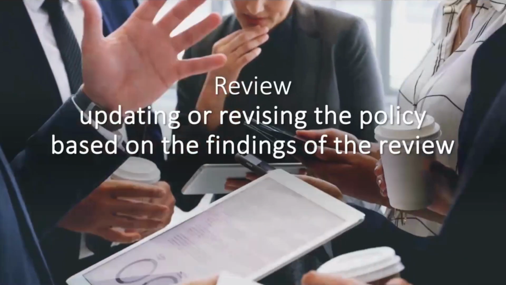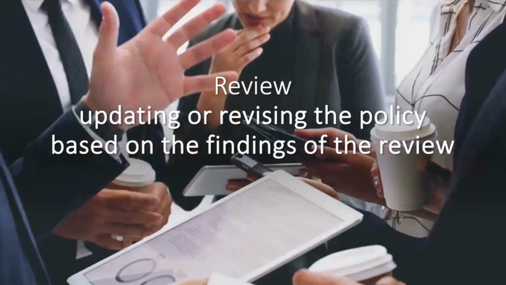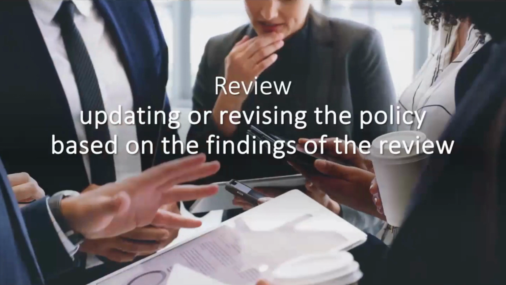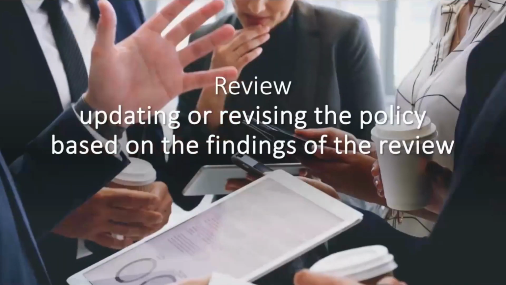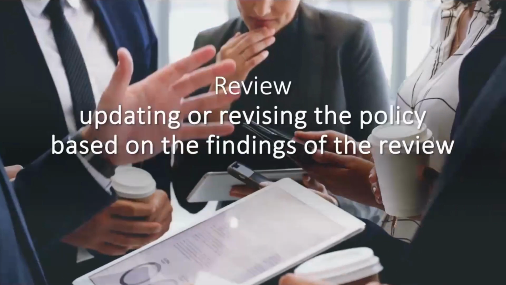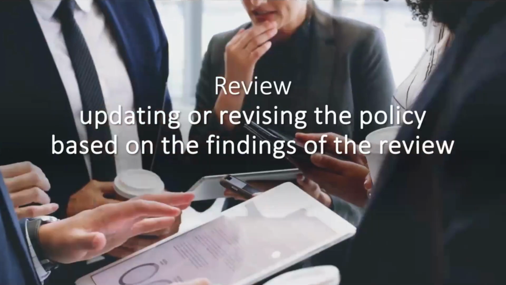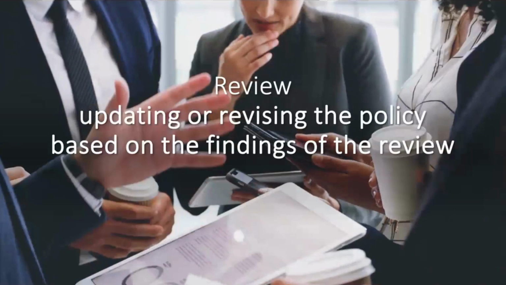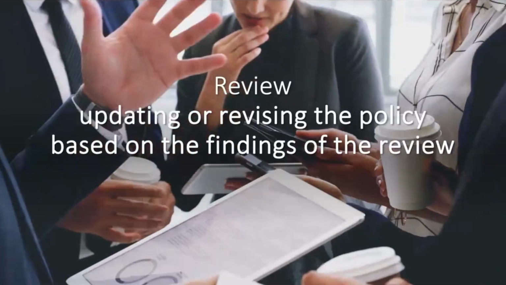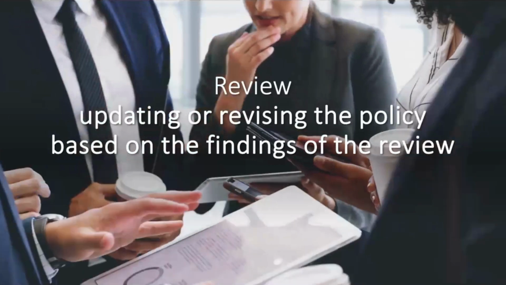The review should also consider whether the policy is being effectively implemented and whether it is achieving its objectives. This might involve looking at accident and incident data, as well as feedback from employees and other stakeholders. Based on the findings of the review, the policy may need to be updated or revised.